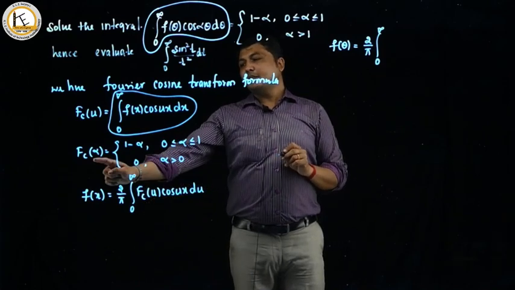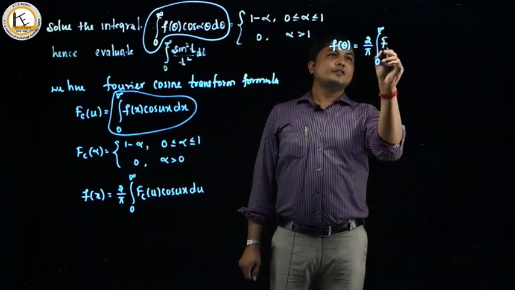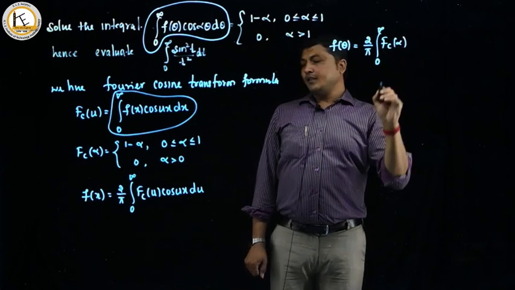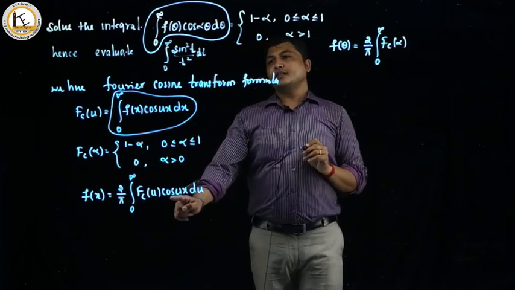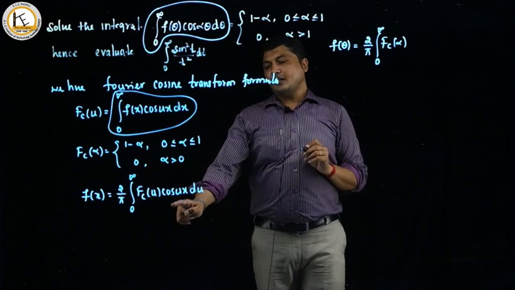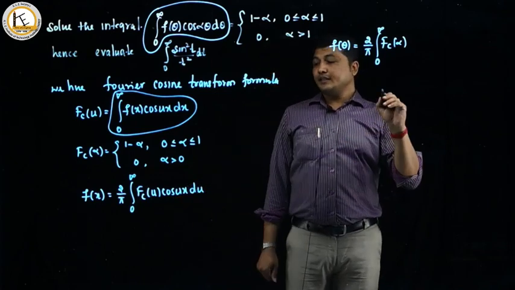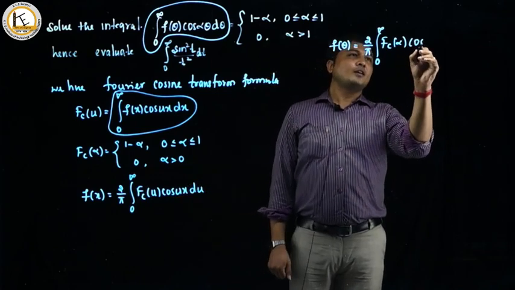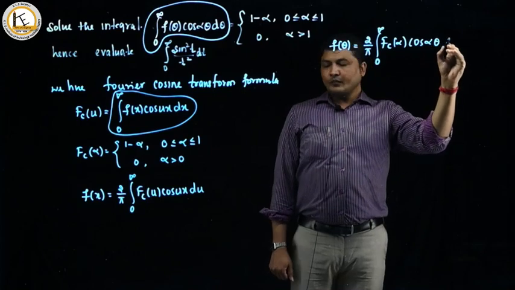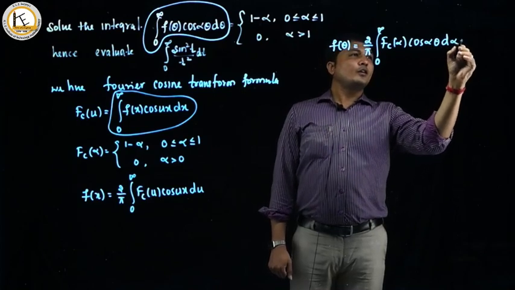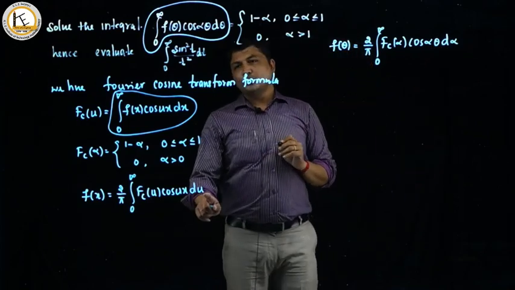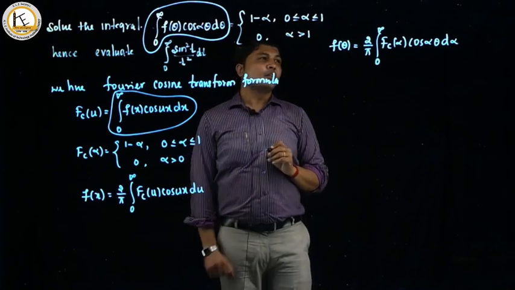Obviously u is replaced by alpha, so we have Fc of alpha cos ux, and since x is replaced by theta, we have cos alpha theta with respect to alpha.